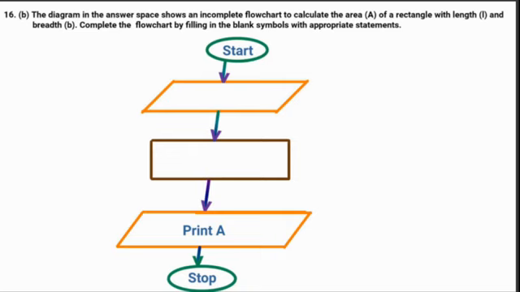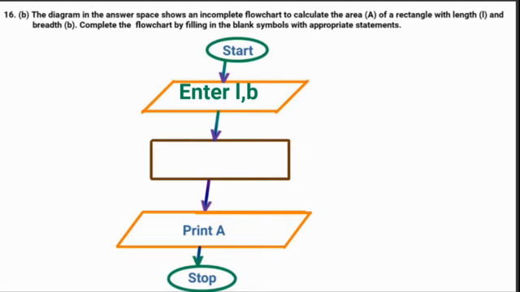So what we need to do is fill this in. When we start, we come to enter L, B. You enter length and breadth.